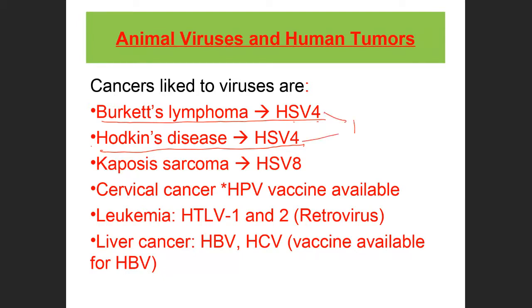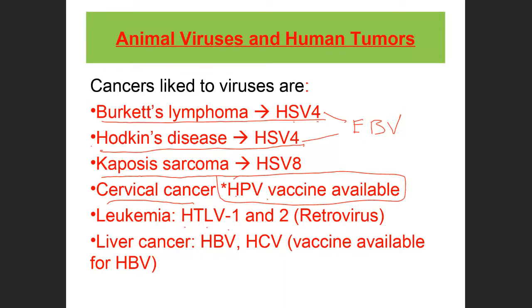This is the Epstein-Barr virus, or the mononucleosis virus. Herpes simplex virus 8 causes a cancer called Kaposi sarcoma, which is a cancer of blood vessels. Human papillomavirus causes cervical cancer, and we do have a vaccine available for this virus.